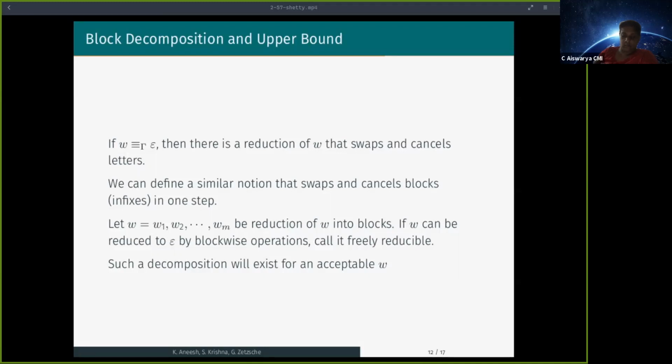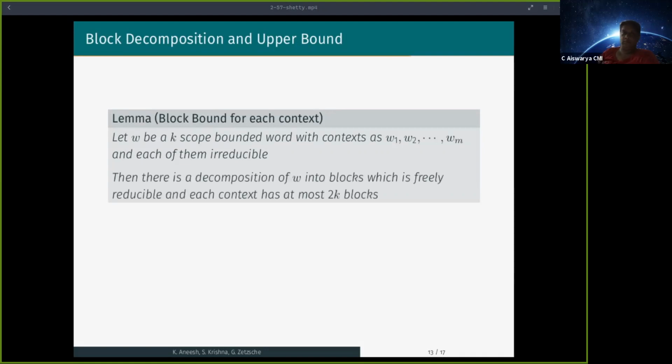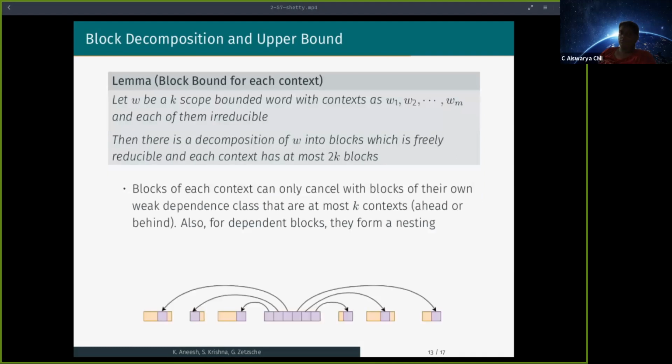Now we show the upper bound on the number of blocks in each context. For a k-scope bounded word with irreducible contexts, which is obtained at the end of the saturation part of greedy reduction, there is a freely reducible block decomposition where each context is broken into at most 2k blocks. It can be intuitively understood from these two facts. First, blocks of each context can only cancel with blocks of their own weakly dependent class that are at most k contexts ahead or behind.